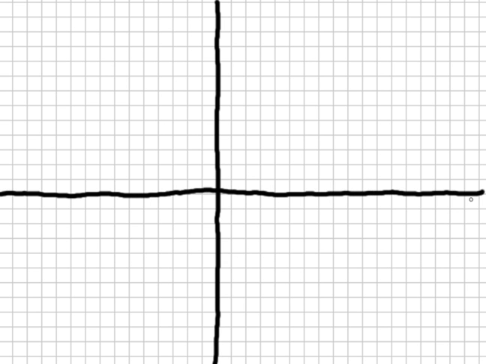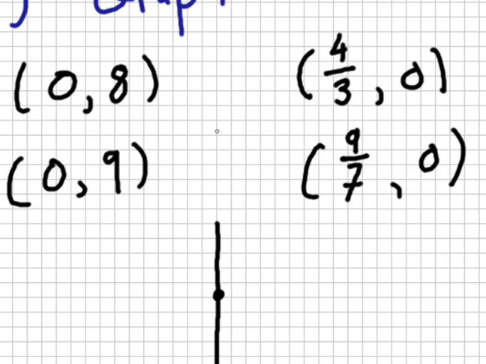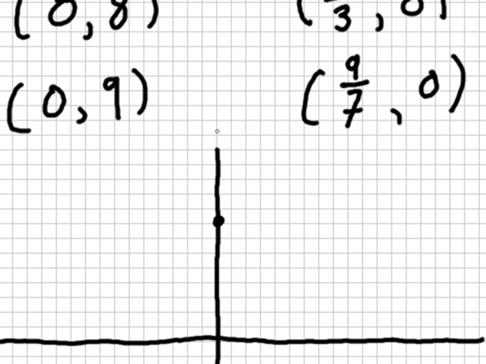Okay, what was the first point? 0, 8. Okay. And what was the second point? 4 over 3, 0. So, x small, y big, x small, y big.